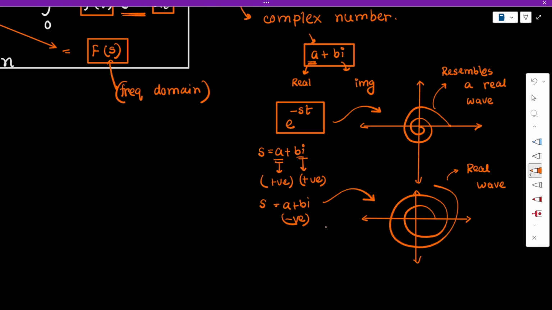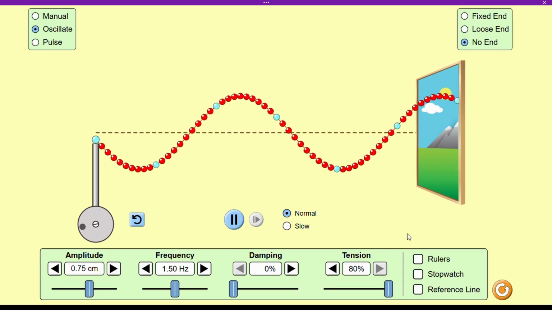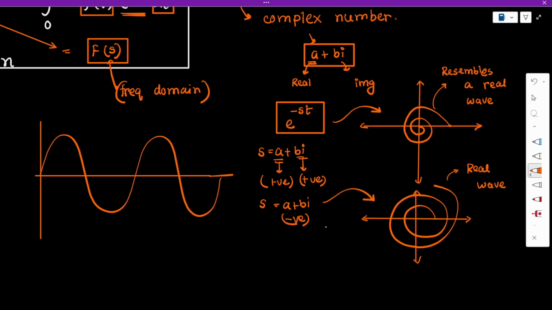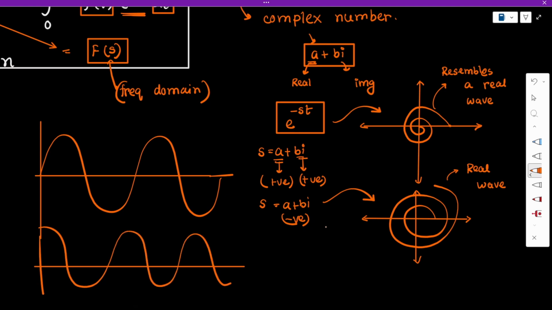Why does this reflect a real wave in our daily lives? Because whenever we think of a wave, we think of the sine wave with the constantly oscillating portions. We think of the cosine wave, which also has constantly oscillating portions. But in real life, waves are not without disturbance.